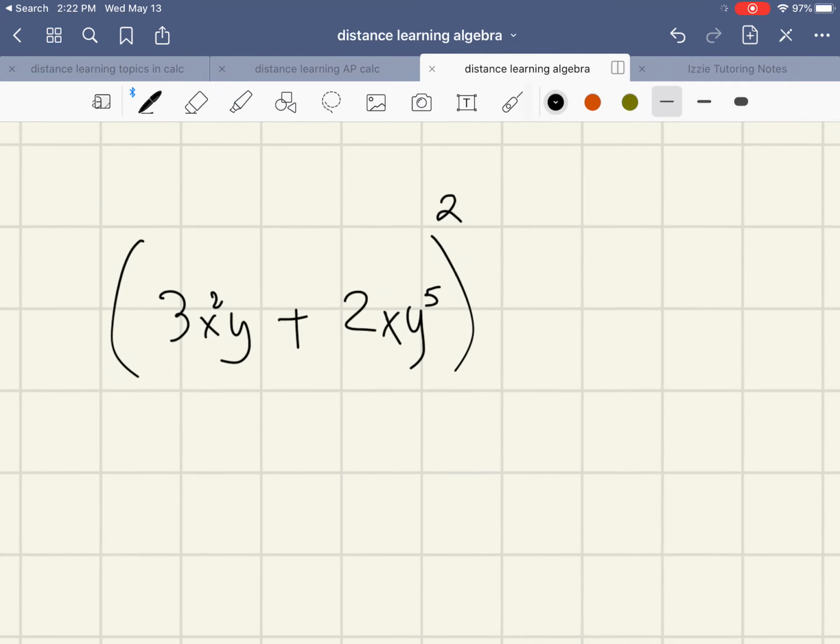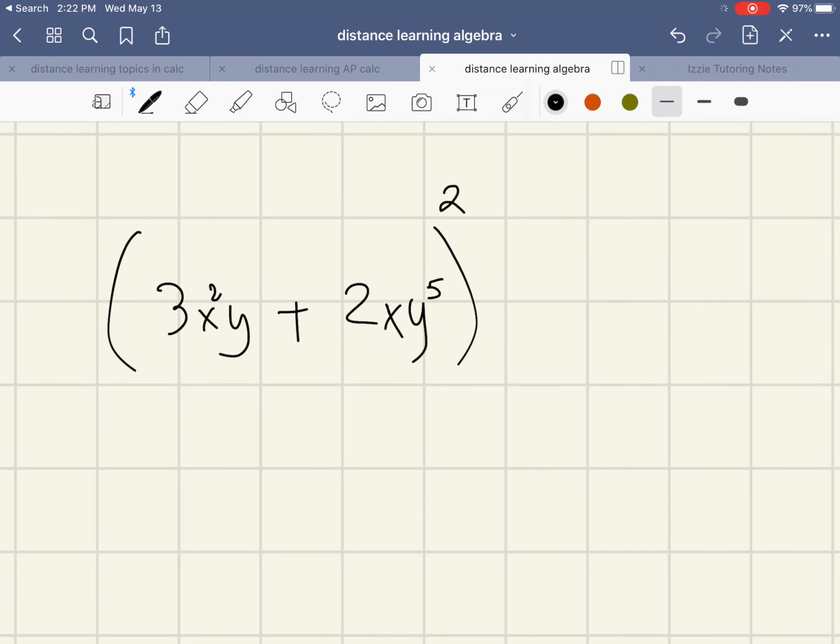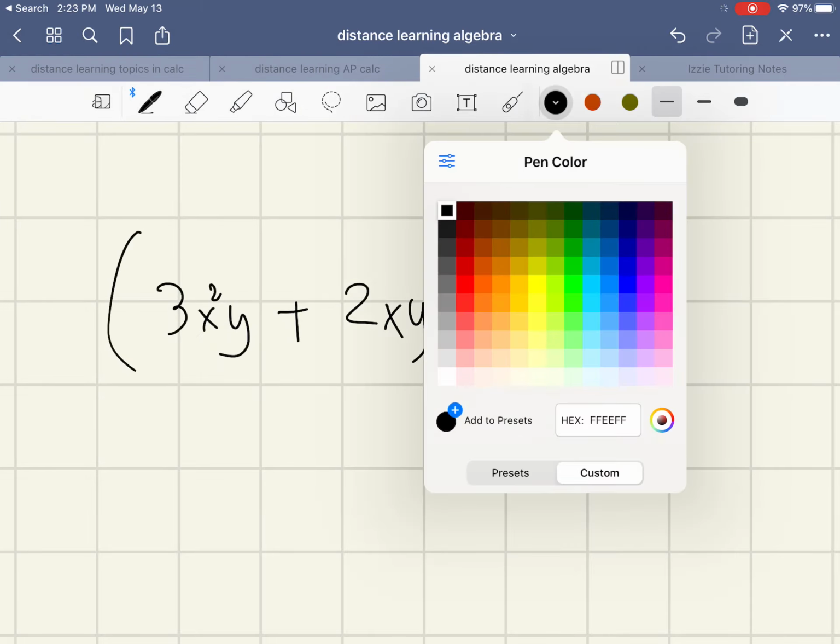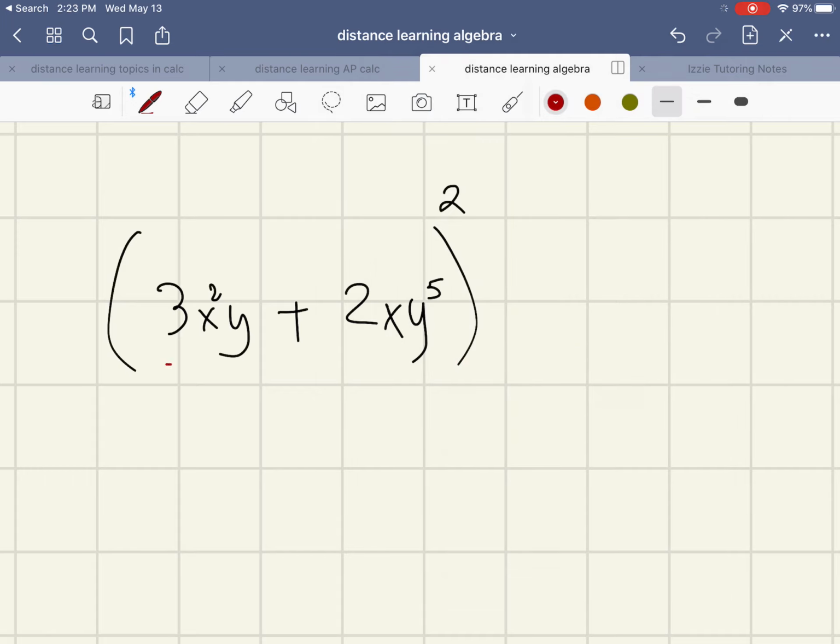Now we have one more problem, and it's squaring a binomial. Now the biggest mistake I see is people just square this, square that. But if you've learned something from this, hopefully you learned that there's going to be a couple middle terms here. So I'm just going to write it out. There's a shortcut to this, but that's not what we're learning today.